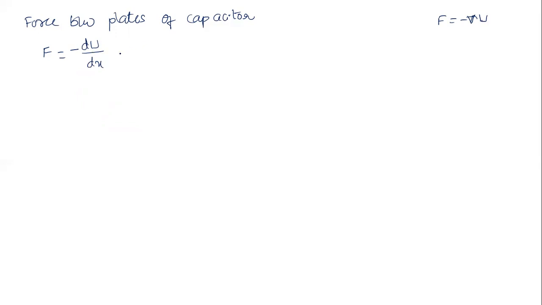Since it is a conservative force field, can we write the energy like this: half epsilon naught E square multiplied by area into d? Because from the energy density concept, U by Ad is equal to half epsilon naught E square. This Ad will come here and it will become U.